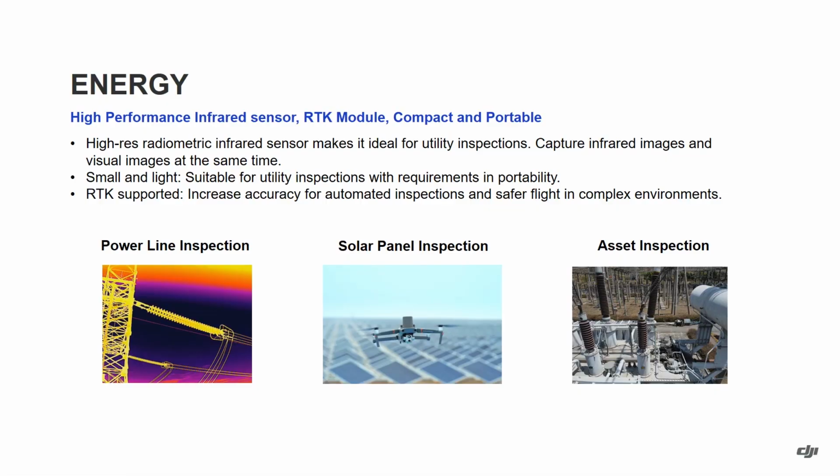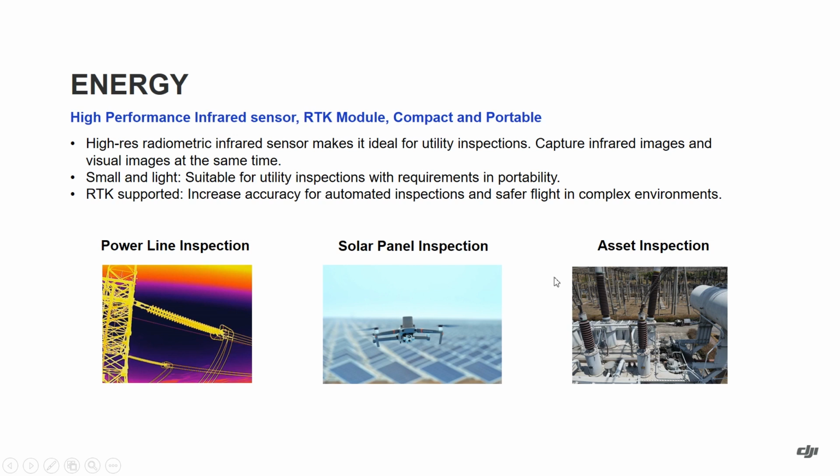In the energy sector, there are also many areas that people could leverage the capabilities of M2EA for elevated efficiency. The most important vantage point when using M2EA in energy applications will still be the high-res thermal camera. With this radiometric infrared sensor, it is ideal to make utility inspections like power line inspection, solar panel inspection, and the other kinds of asset inspection.